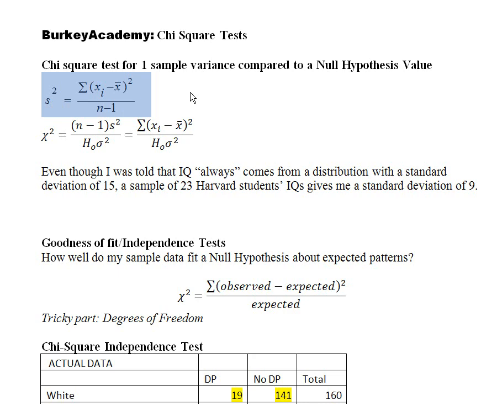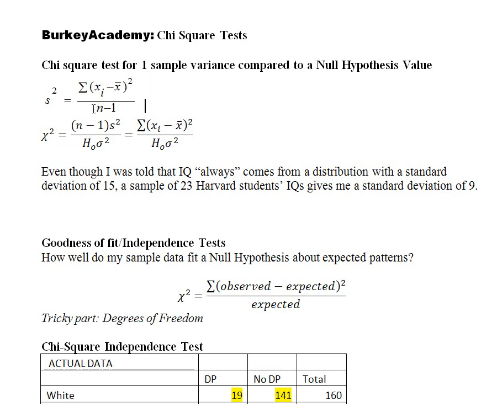So if you're doing a hypothesis test, is this sample variance equal to some number, the chi-squared statistic you're going to calculate is n minus 1 times the sample variance. Well, what is n minus 1 times the sample variance?